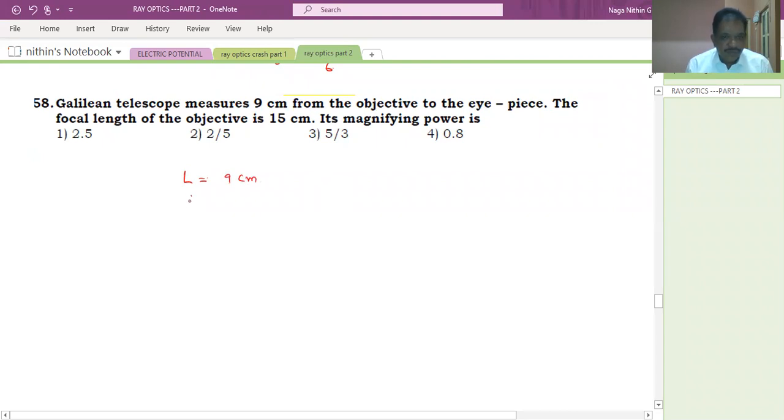Focal length of the objective is 15 centimeter. So what is its magnifying power?